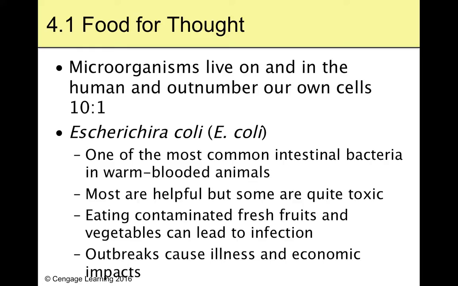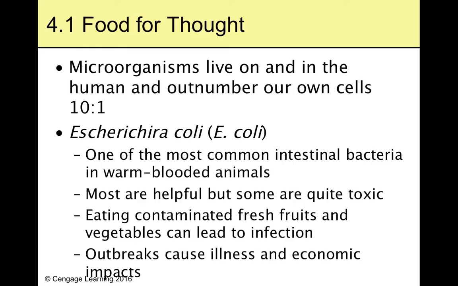And so the example they give you is fresh fruits and vegetables. You've probably heard news stories about eggs and salads and that kind of stuff causing E. coli outbreaks. Somebody goes to a restaurant and they eat meat or a salad or something that's been contaminated with feces from one of these animals and wasn't cooked to 160, 170 degrees Fahrenheit to kill the bacteria.